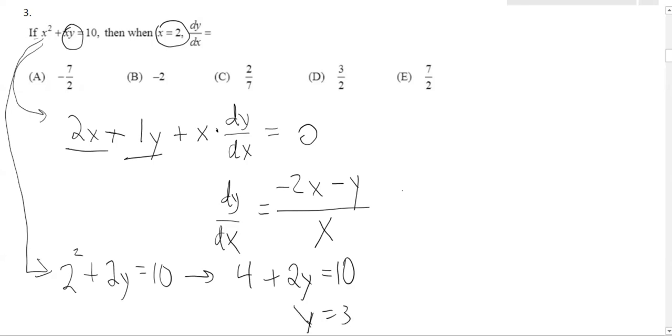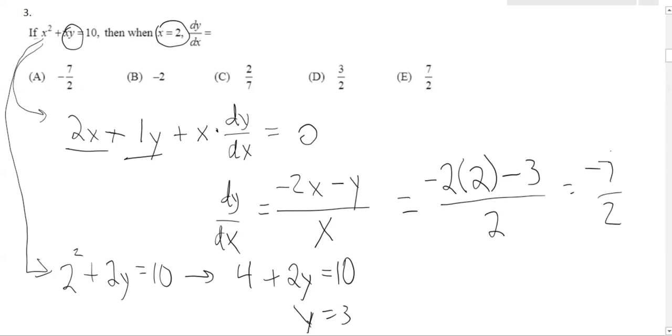So if x is 2 and y is 3, we have -2 times 2 minus 3 over the x value, which is 2. -2 times 2 is 4, minus 3 is -7 over 2. So number 3 is choice A, -7 over 2.